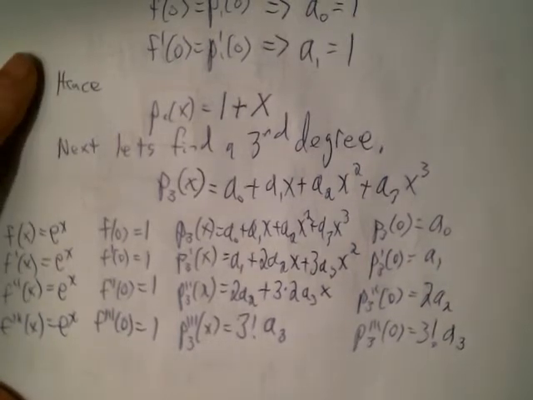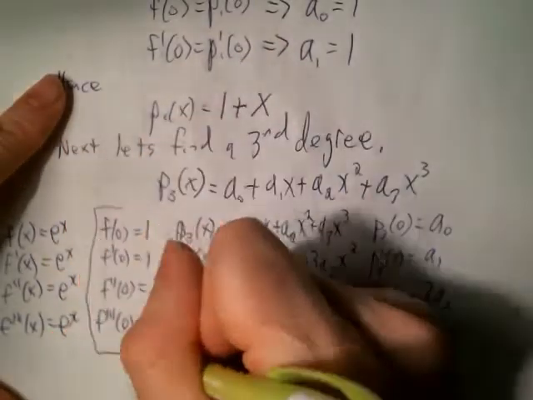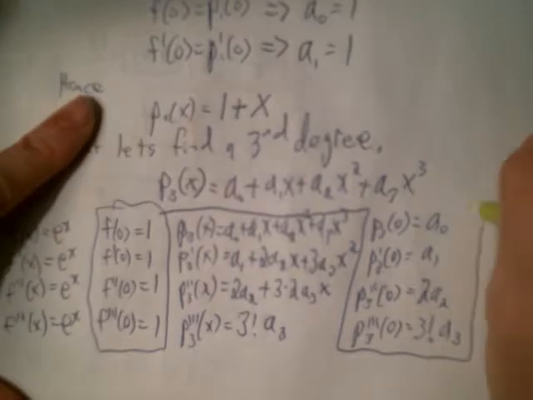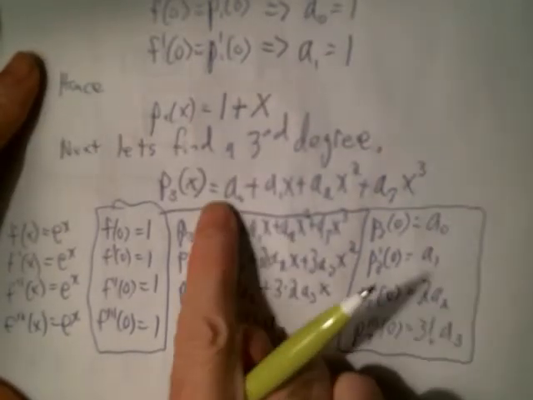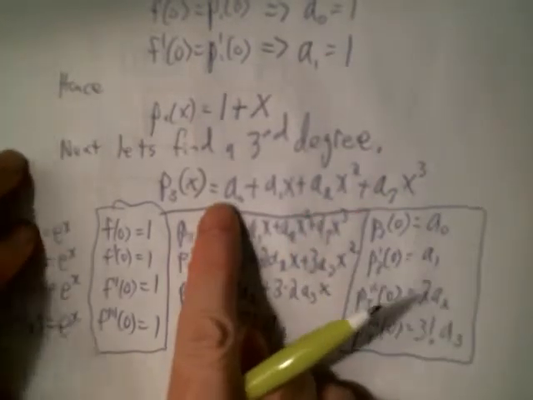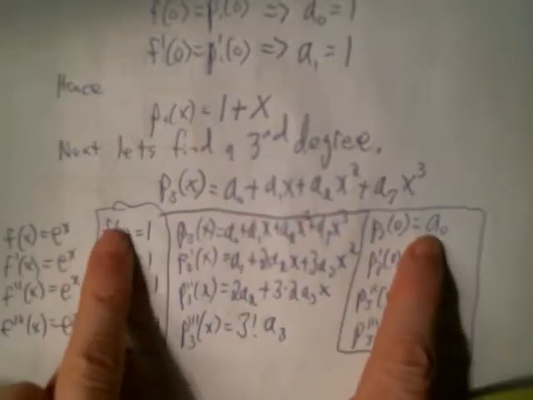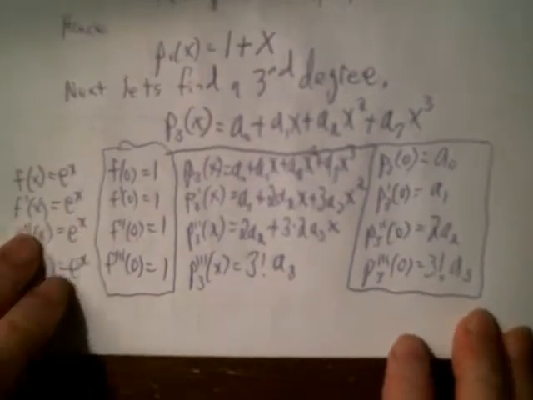Then we want to use these to get our coefficients. I need to figure out the coefficients a sub 0, a sub 1, a sub 2, a sub 3, so I need to equate these, and then I'll have my answer.